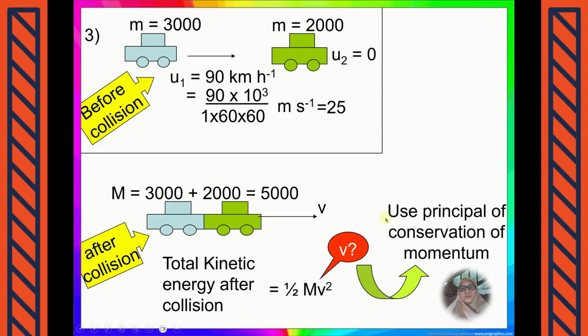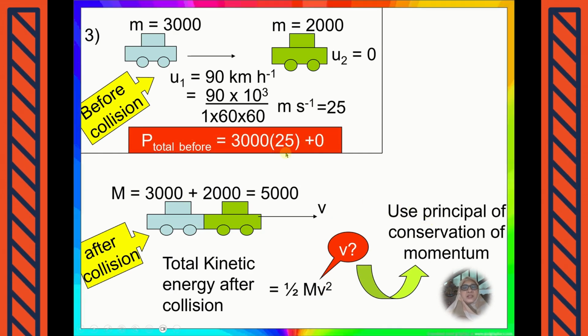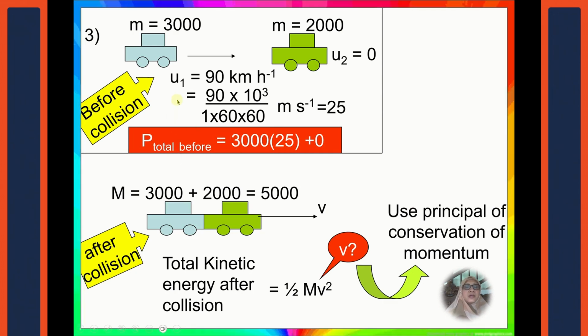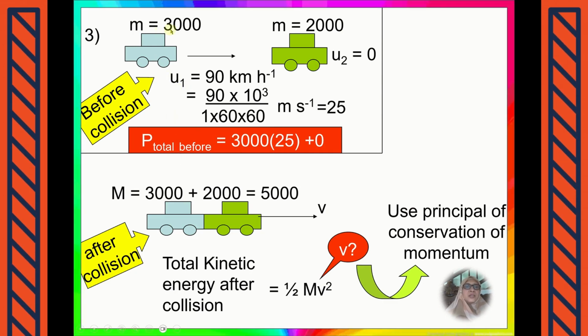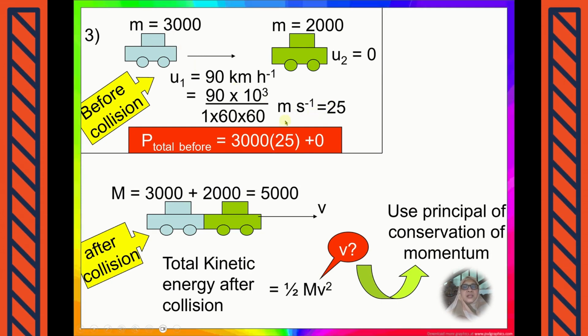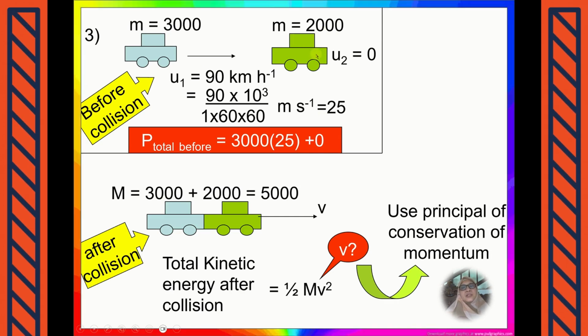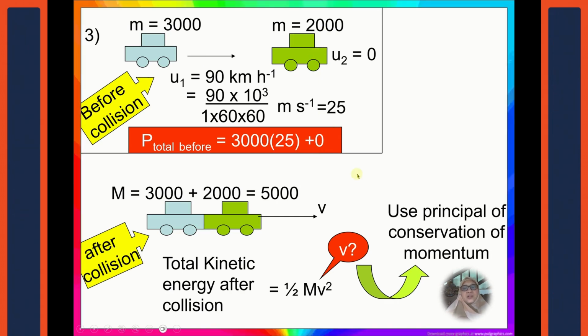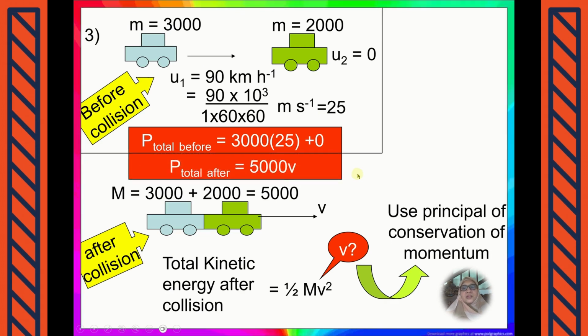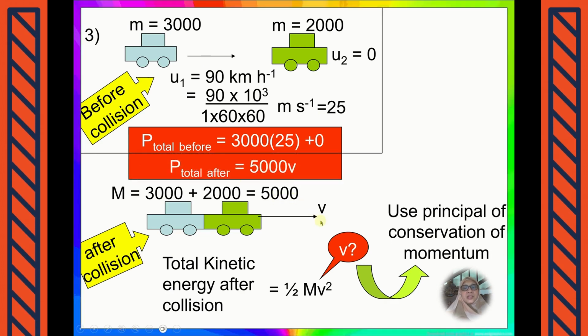So we use the principle of conservation of momentum. Momentum before will be 3,000 times 25, mass times speed, plus 0 because the momentum of the second car is 0. Total momentum after will be 5,000 times v.